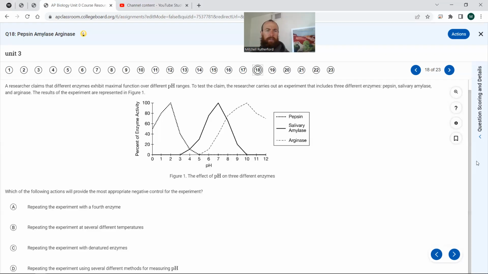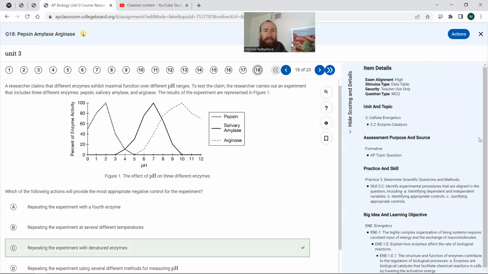Honestly, it's okay to be stumped by a question here, and I think I'm just going to admit defeat. Always take your best guess. And so for me, my best guess, I don't think a 4th enzyme really helps. Negative control is, I think, when it's broken. So I think negative control is just like, let's break everything and see what happens.